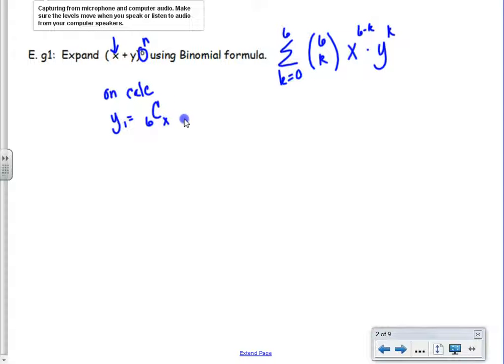Remember, I have to use x as the variable in my calculator, times, and then this is what gets kind of weird, I just want the coefficients. So the coefficient of my a value is just a 1. So I have 1 to the 6 minus x power times, and then another 1, really boring, to the x power. So let's pull up my calculator and I'll show you what this looks like.